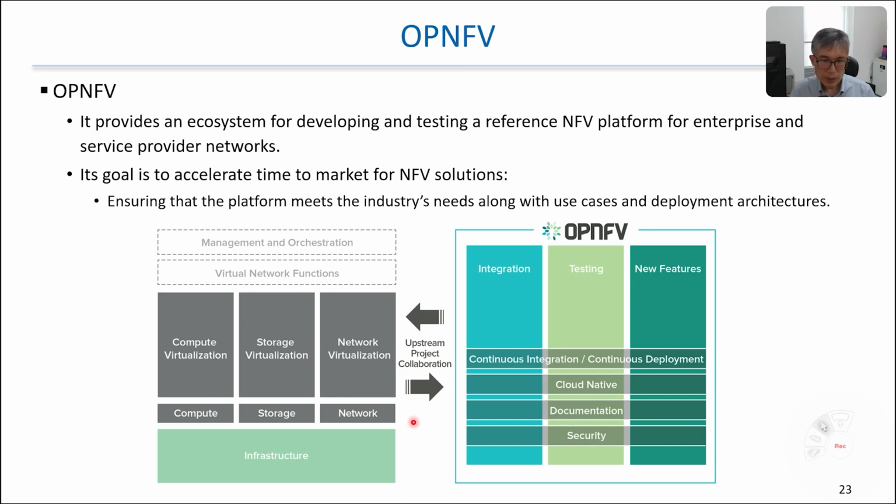On the left-hand side is the NFV framework: the infrastructure, storage, compute, and network virtualized, which is the NFVI, then the virtual network function layer, and the upper layer is MANO, management and orchestration. So NFV, NFVI, VNF, and OPNFV MANO are integrated and tested, and new features can plug in. This is a development and testing framework for NFV.